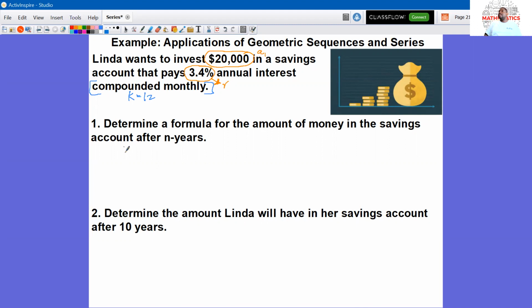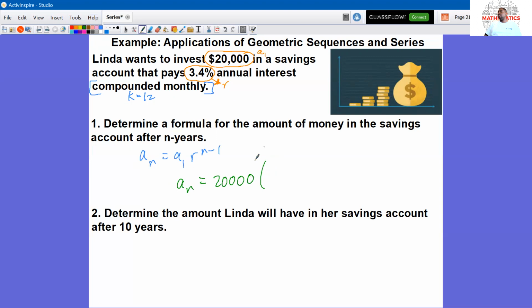Okay. So AN is going to be, let's write our formula first for the geometric sequence. Okay, so it's AN equals A1 times R to the N minus 1. So in this case, AN is $20,000. 20,000. Okay.